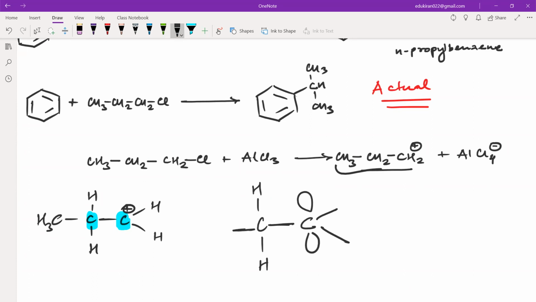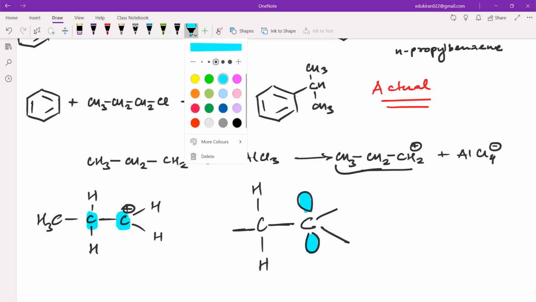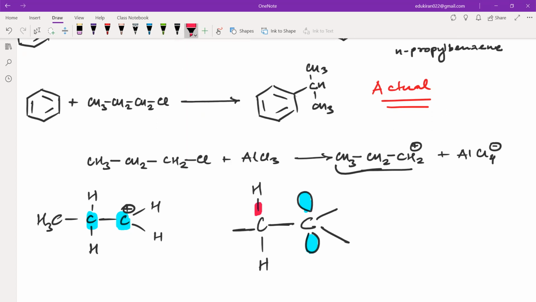Now what happens? I am marking it with blue. This is electron deficient. Here we don't have any electron. And here we have a bond. This bond has electrons. Right?